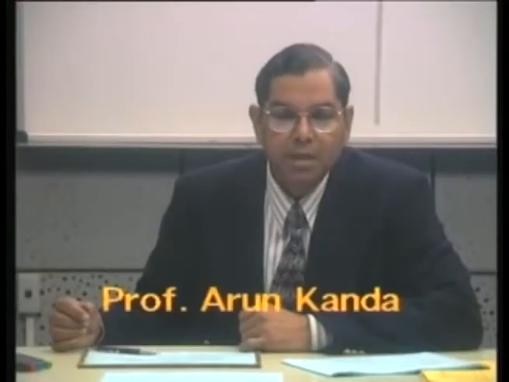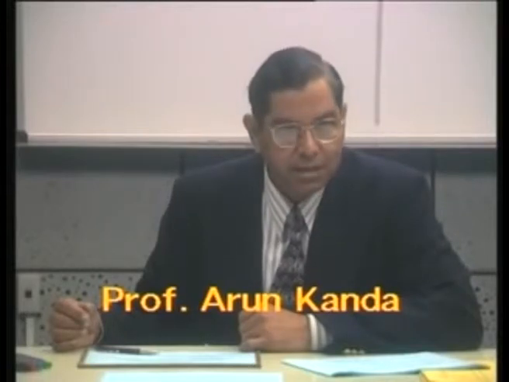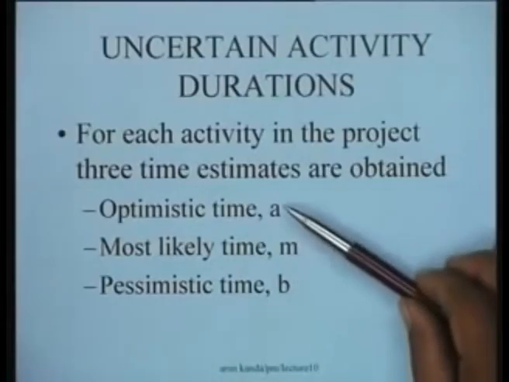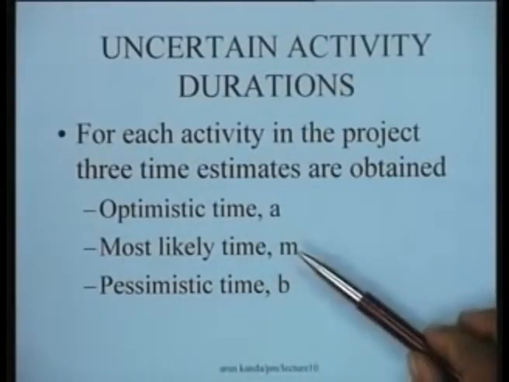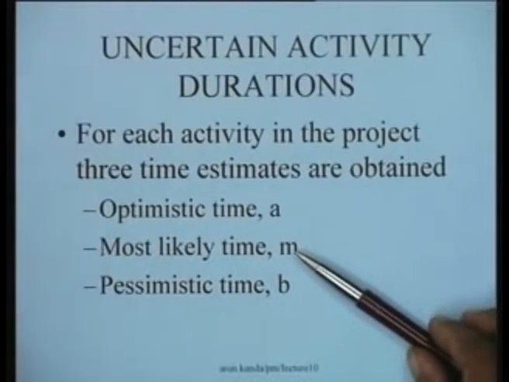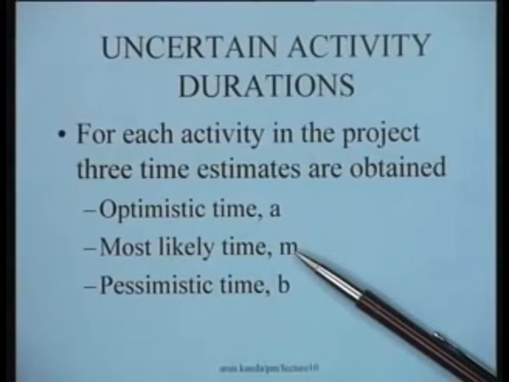The pessimistic time would be an estimate of the time that a particular activity would take under the worst possible circumstances, which means that this would be the longest likely time for that particular activity. And obviously, between these two extremes, we would have an estimate of time which we refer to as the most likely time M, which would in fact be the mode of the distribution of the activity duration in that particular sense.